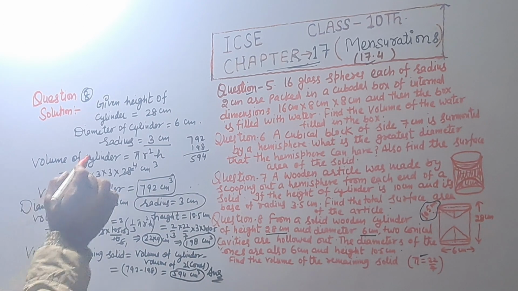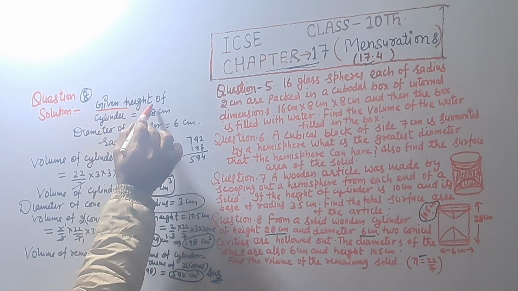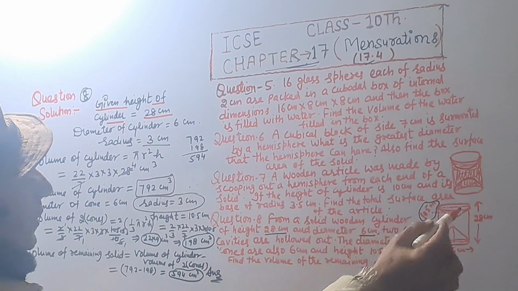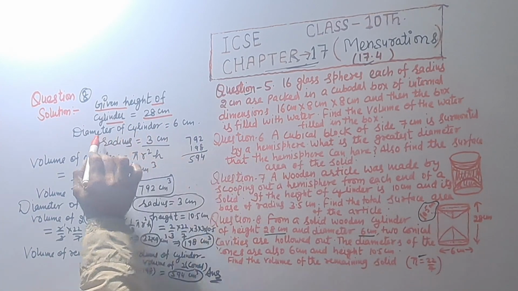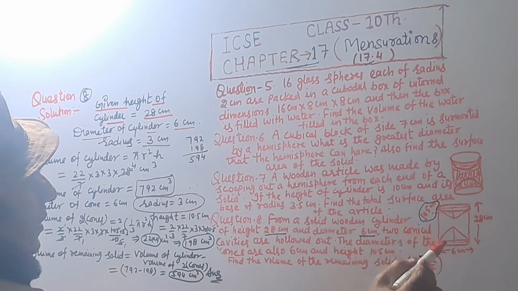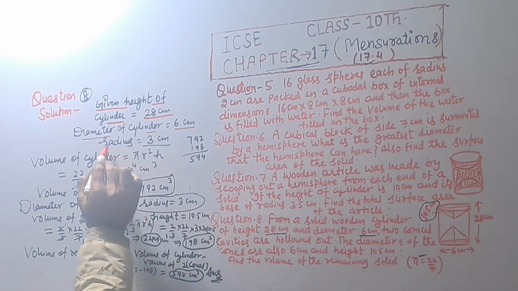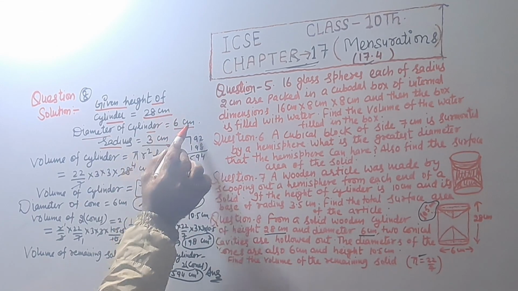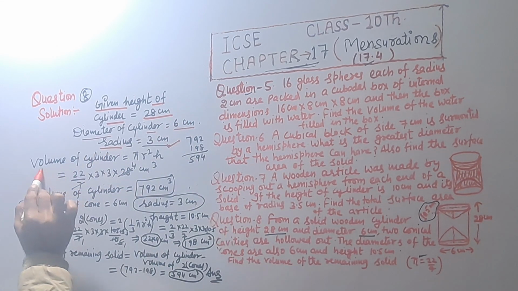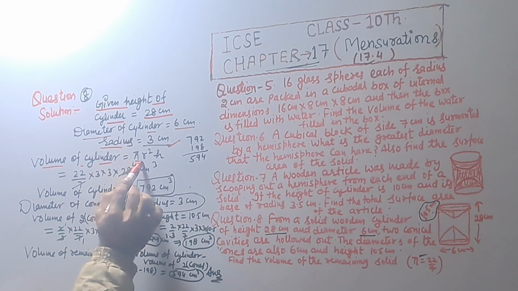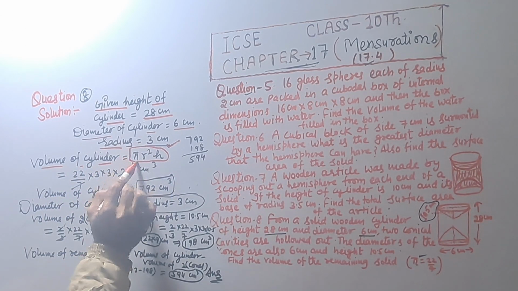Answer. Given height of cylinder is equal to 28 centimeter and diameter of cylinder is equal to 6 centimeter. So its radius is equal to 3 centimeter, that is half of diameter. And we know that volume of cylinder is equal to pi r square h.